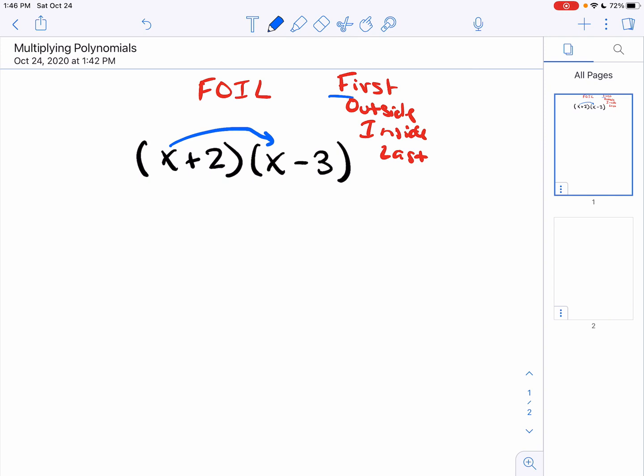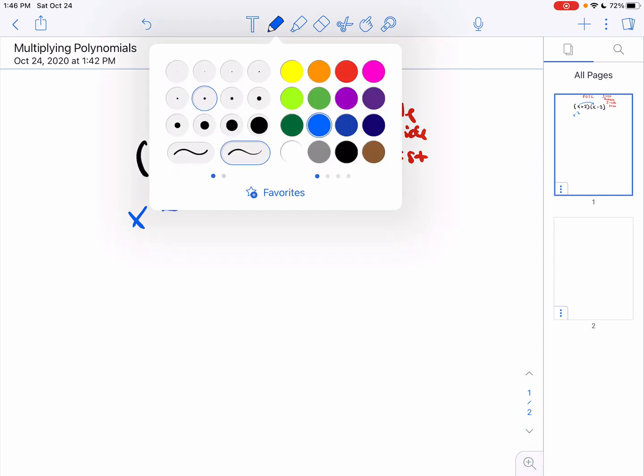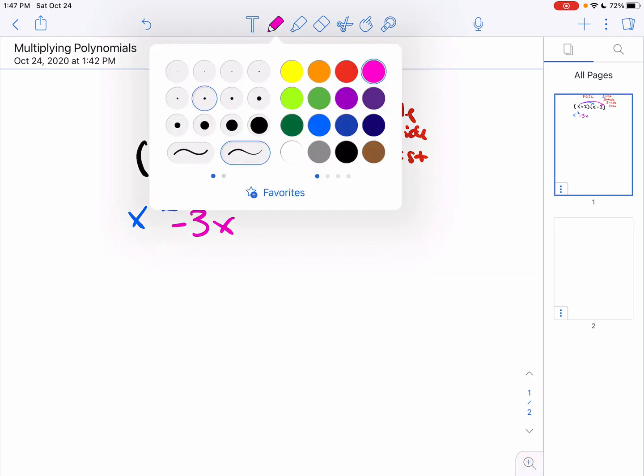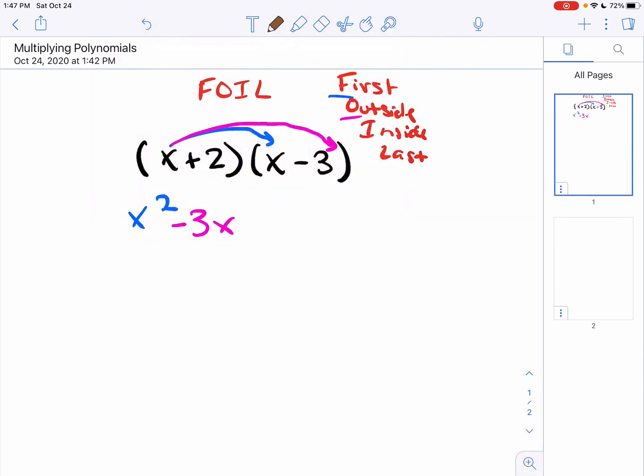So x times x, x squared. Then we're going to multiply our outer terms, the terms on the outside of each parenthesis, x and negative 3. So I get negative 3x. Now my inside, my 2 and my x, I get 2x.